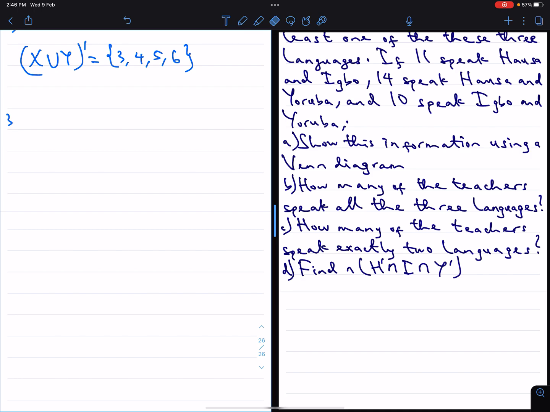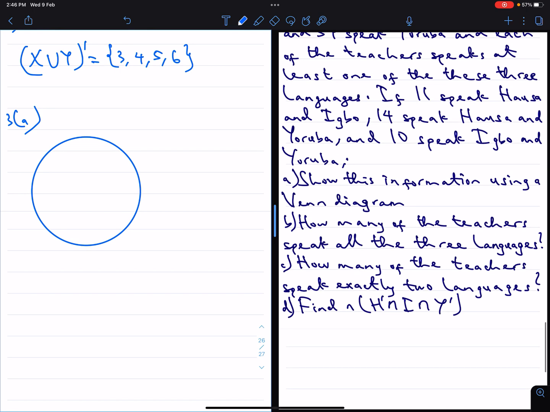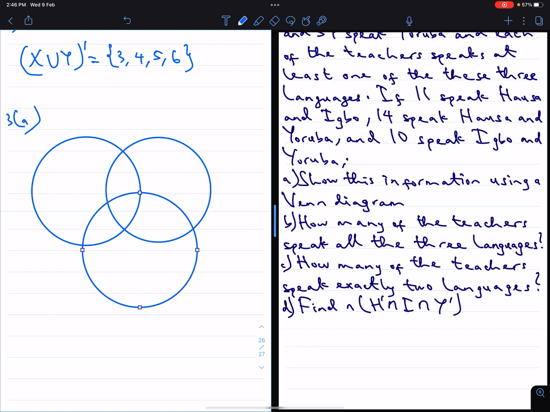Alright, first of all, 3A, we want to show the information using the Venn diagram, and this is what that will look like.